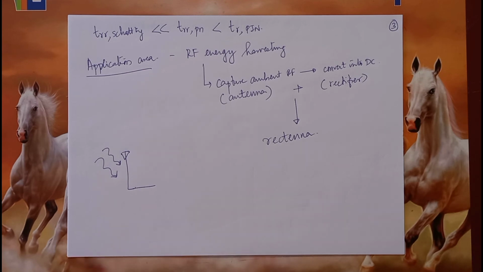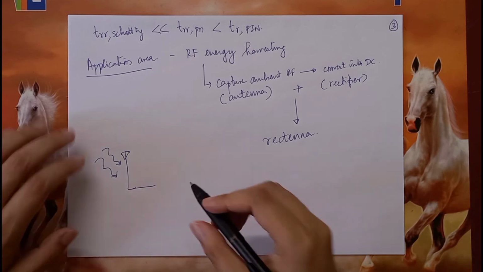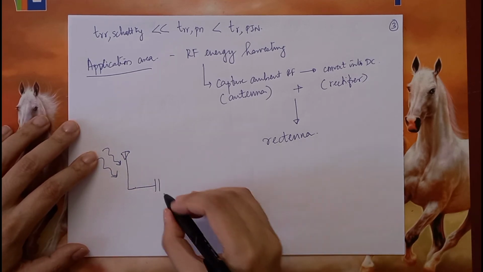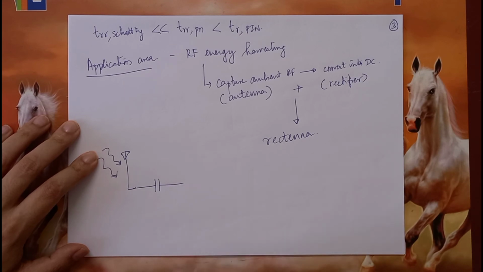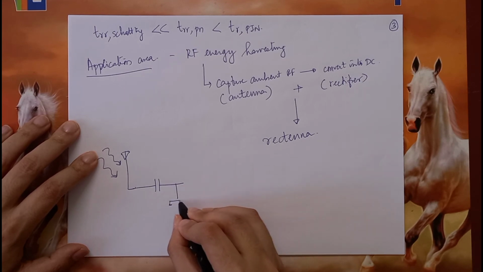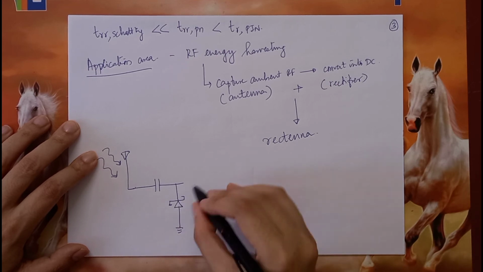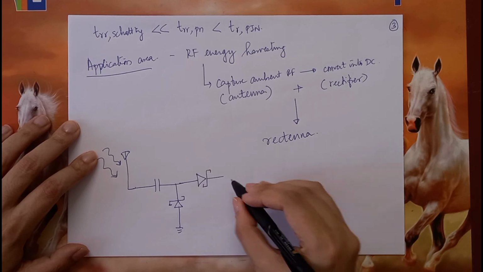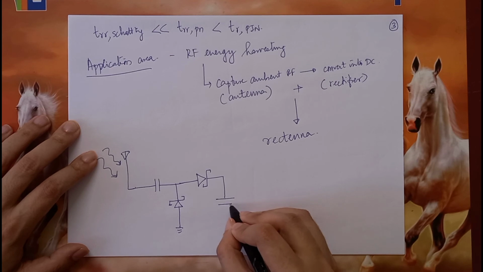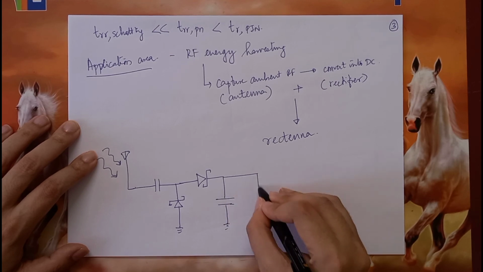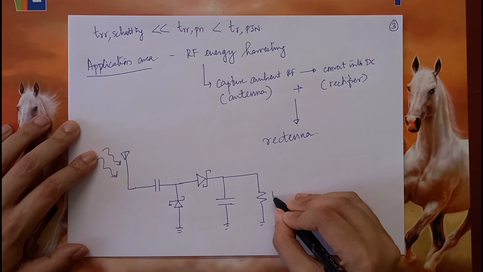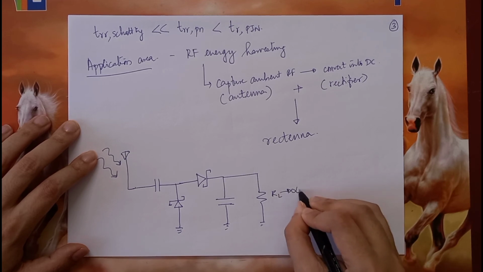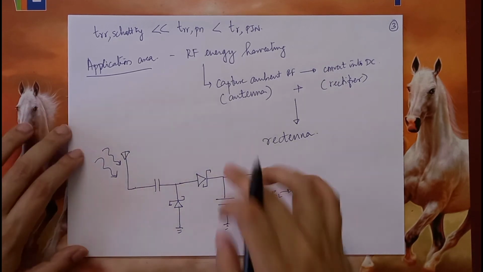You may have already come across the voltage doubler in your basic analog circuits course, and it looks just like this, except the diodes are now replaced with Schottky diodes. So this is what is called a voltage doubler.